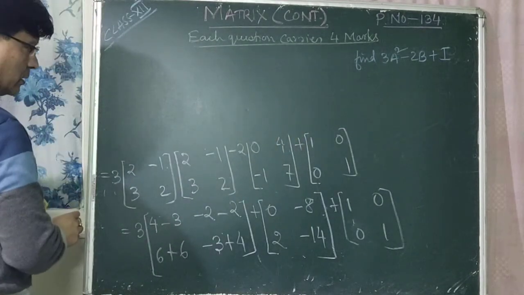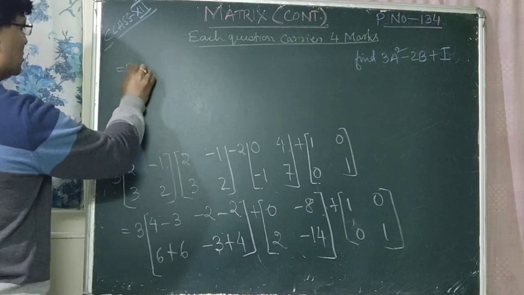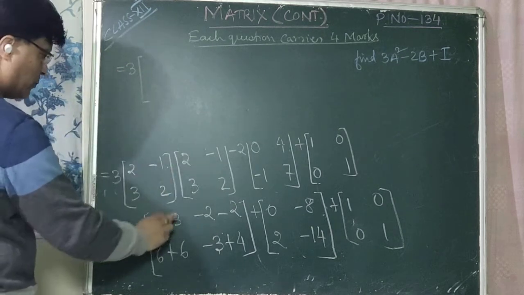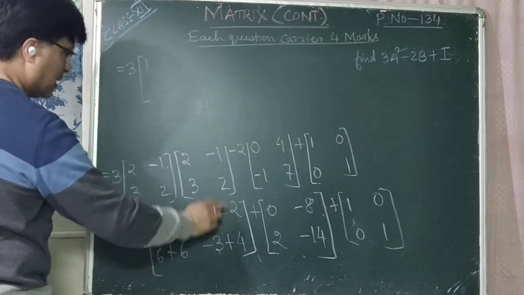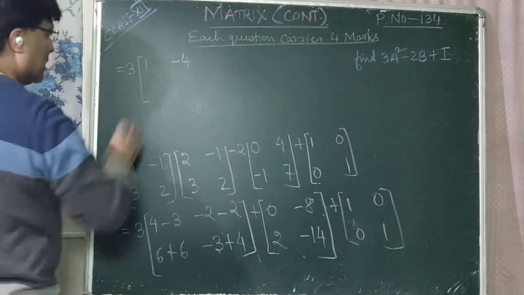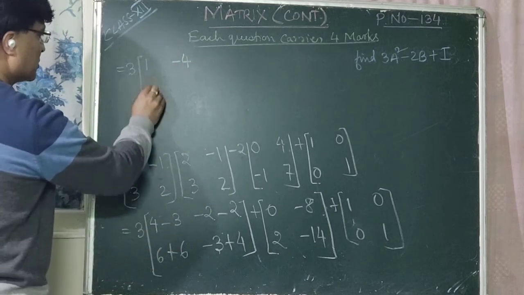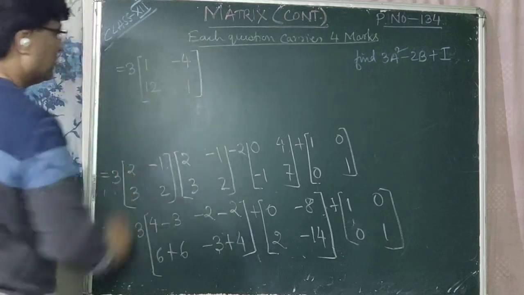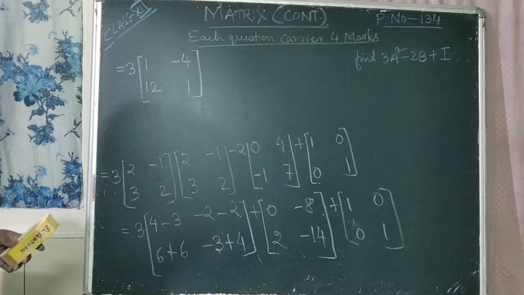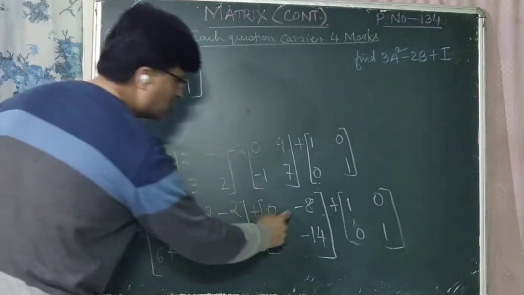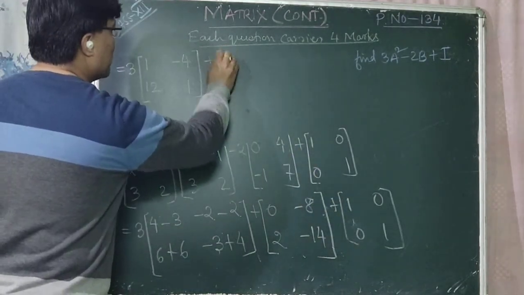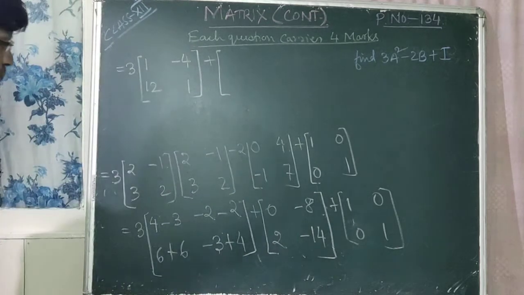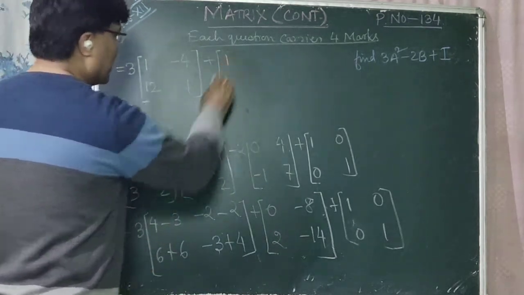So is equal to, this is your 3. What is 4 minus 3? 1. Minus 2 minus 2, minus 4. 6 plus 6, 12. Minus 3 plus 4 is 1. Right? Next, you can add these two matrices. Addition of two matrices, they are of same order. You can add them. So 0 plus 1 is 1.